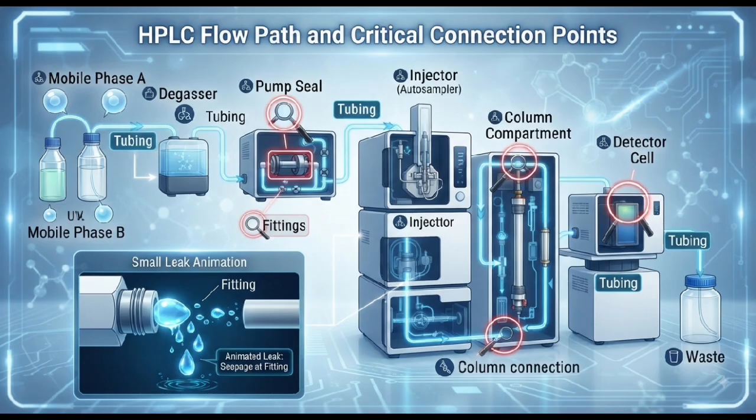Abnormal pressure can have multiple causes, including blocked tubing, contaminated filters, column problems, air in the system, mobile phase issues, or mechanical problems. Pressure monitoring is therefore an important part of routine HPLC maintenance and troubleshooting, although pressure itself is not necessarily a standalone calibration parameter.